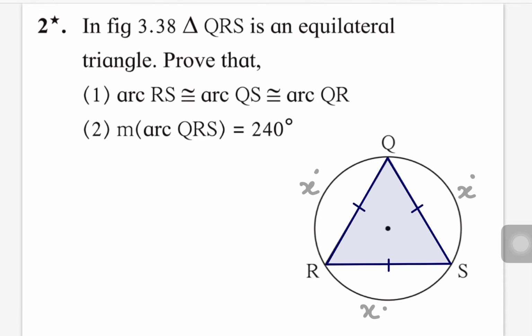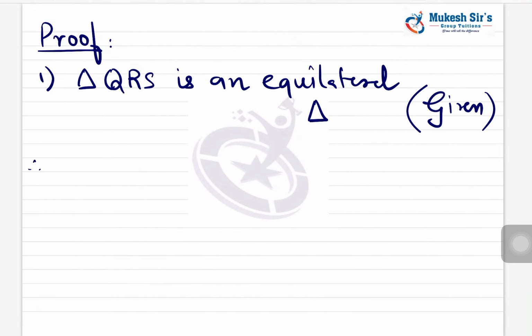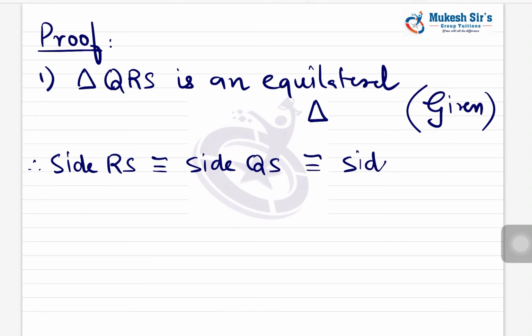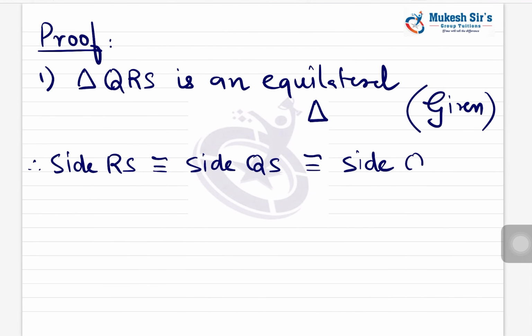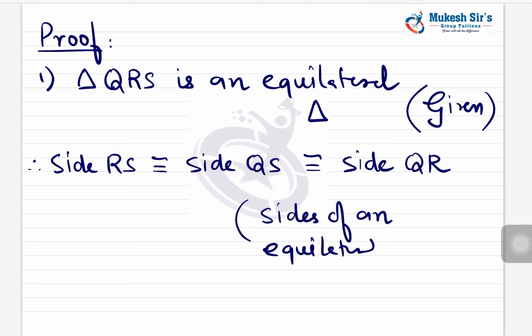So you can say therefore side RS is congruent to side QS is congruent to side QR. They are the sides of an equilateral triangle. In an equilateral triangle, all the three sides are always equal.